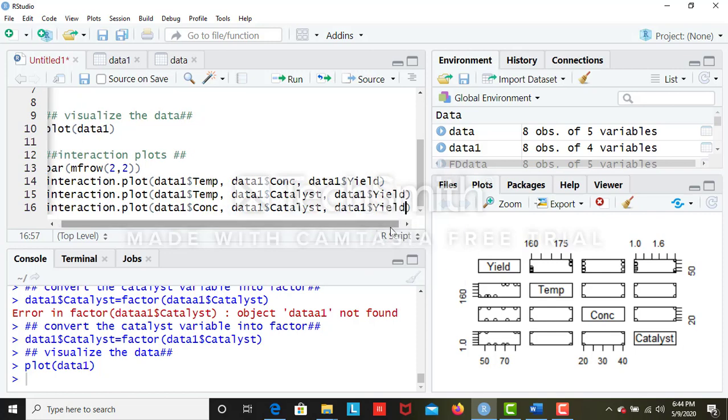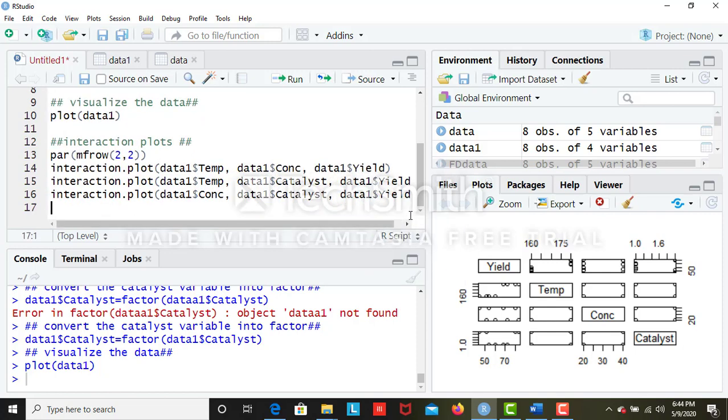Alright, so now I'm going to have to put this in a 2 by 2 array. So I'm going to run these lines of code and see what we obtain as the output.